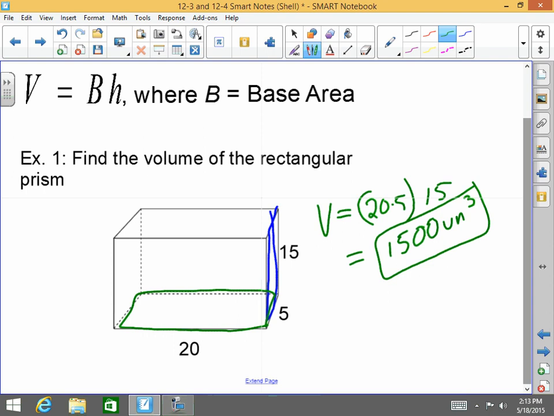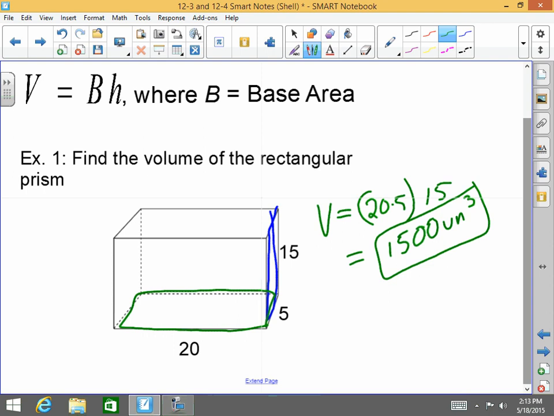Okay, the question is, would it be a bad idea to say length times width times height? Okay, if we were only dealing with rectangular prisms, then sure, it could be length times width times height. But what happens when I want you to find the volume of, for example, a cylinder? Length times width doesn't work. What if I tell you find the volume of a hexagonal prism?